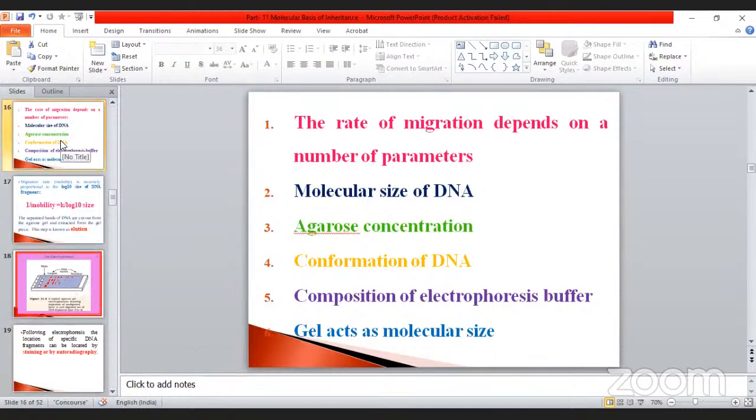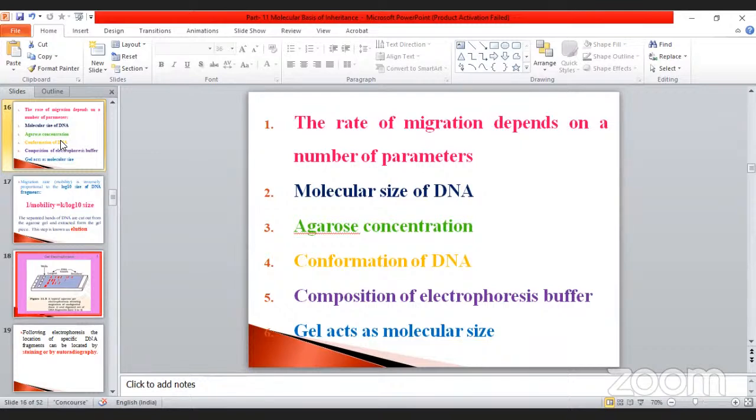So the rate of migration, how it will move in the electric field, this is very, very important. There are 5 or 6 steps reported here. One, the rate of migration depends on a number of parameters. What is meant by parameters? Loading of sample, gel and buffer, electric field.